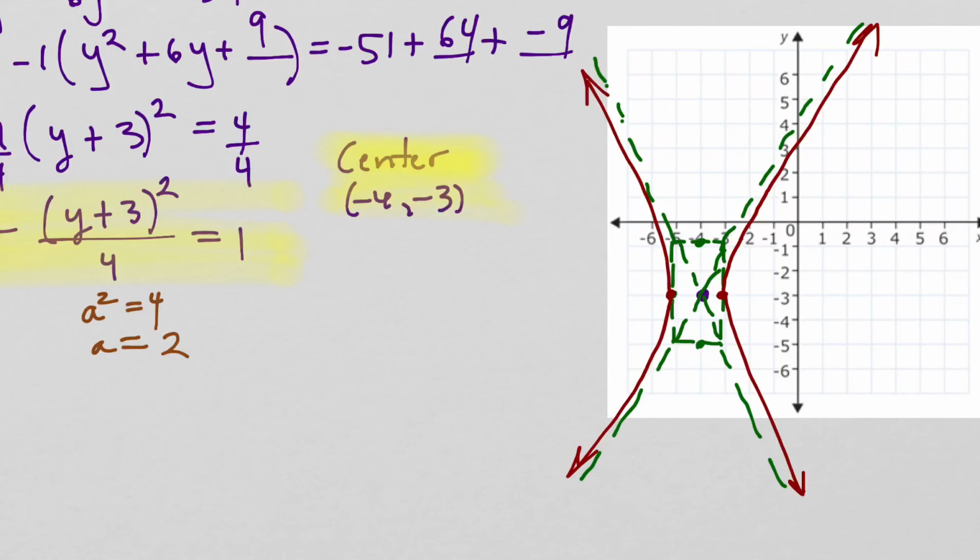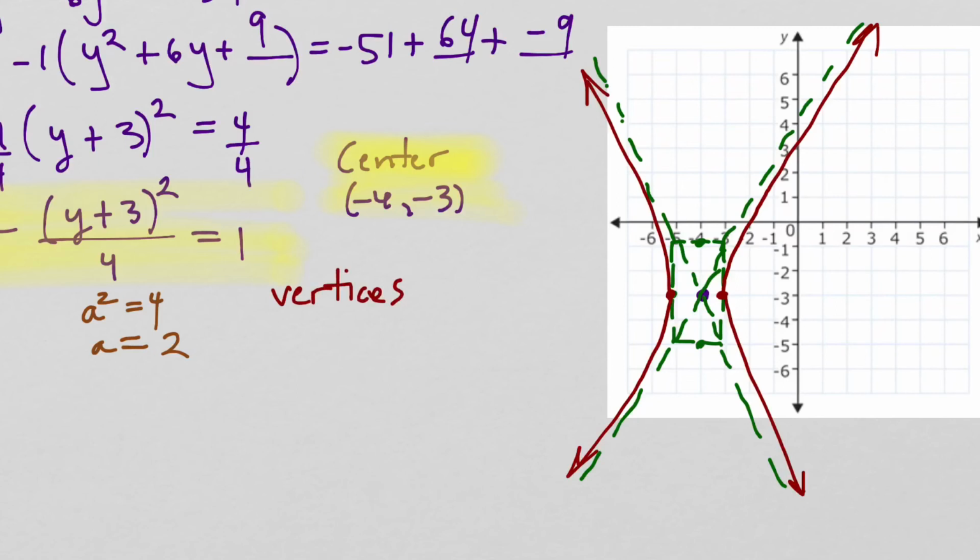Okay, so those red branches are the actual graph itself. The green dotted lines are not part of the graph. So these are the vertices right here. They're on the branches of the hyperbola. So while we're talking about them, let's go ahead and write them down.